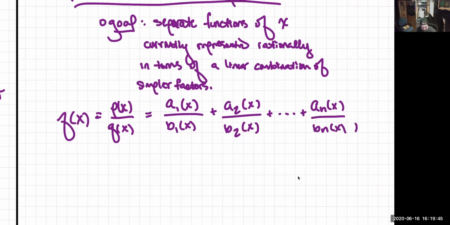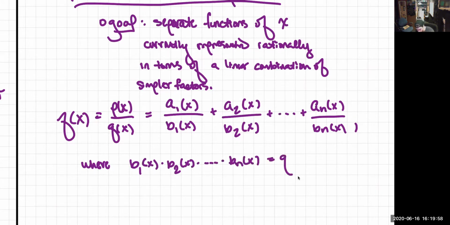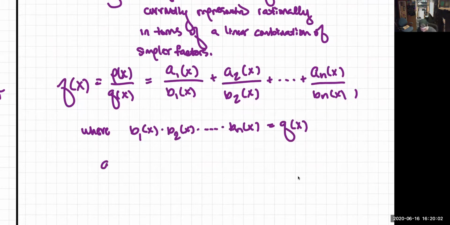This notation in particular means that the product of all of these b functions will give us back q of x, the denominator, and each of our a sub i's, each of our a of x functions, are simply functions of x.